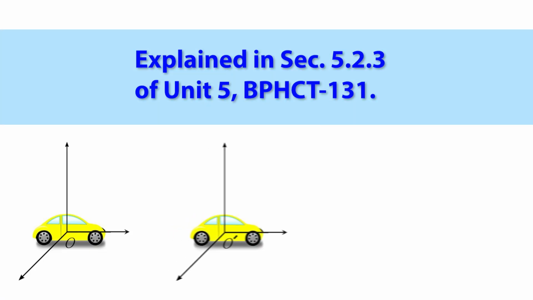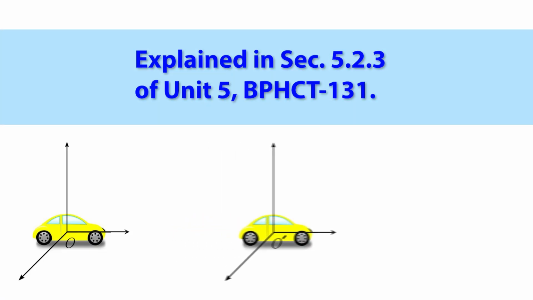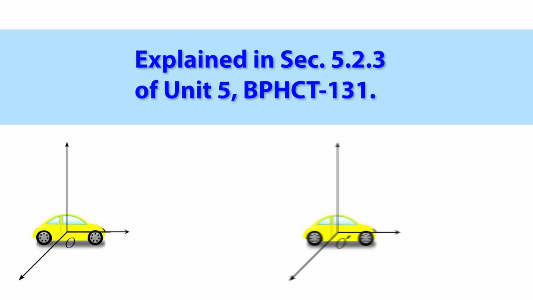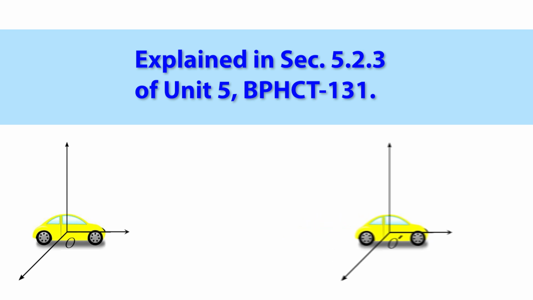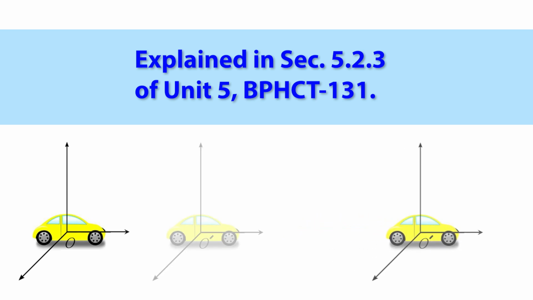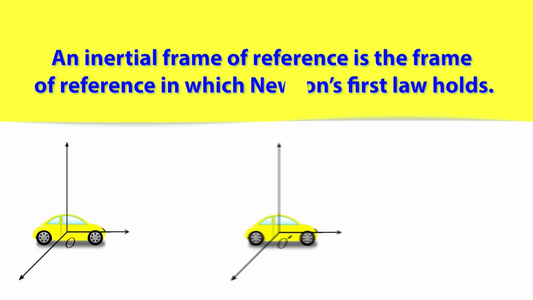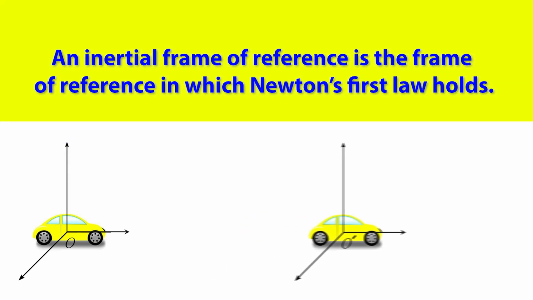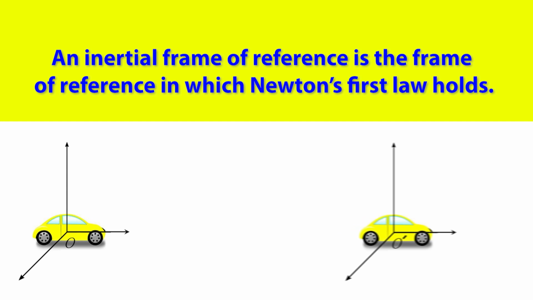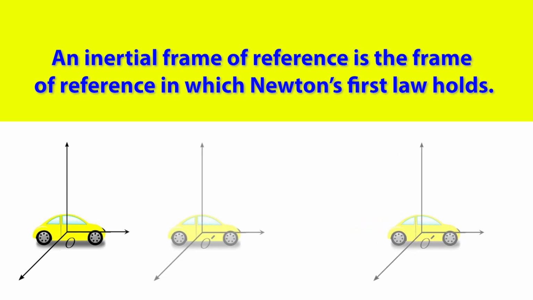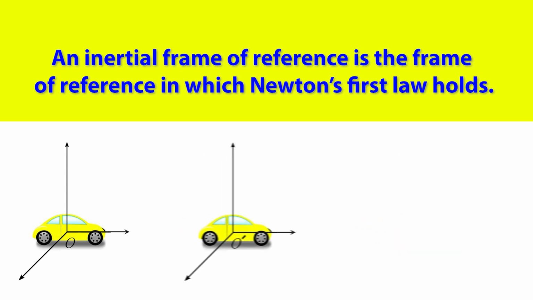This brings us to the third concept, inertial frames of reference. This concept is explained in section 5.2.3 of unit 5 of the course I have referred to, BPHCT 131. What is an inertial frame of reference? By definition, the inertial frame of reference is a frame of reference in which Newton's first law holds.